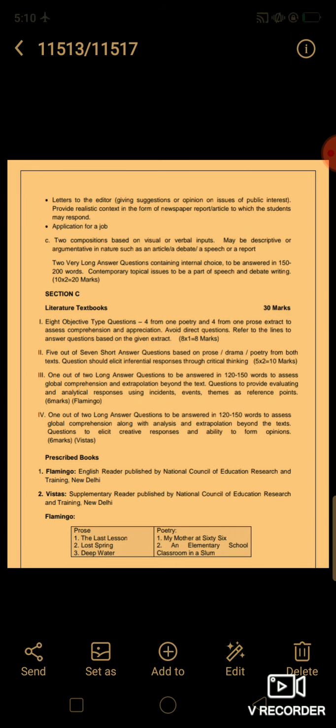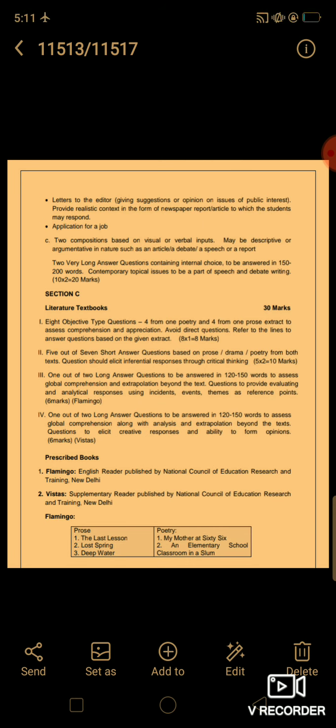Avoid direct questions that refer to the line to answer questions based on the given extracts. Means two extracts will be given to you, one from poetry and another from prose extract. And let me make it clear. Prose extract means you will be asked question from Flamingo, not from Vistas, the supplementary. So it will carry 8 marks.